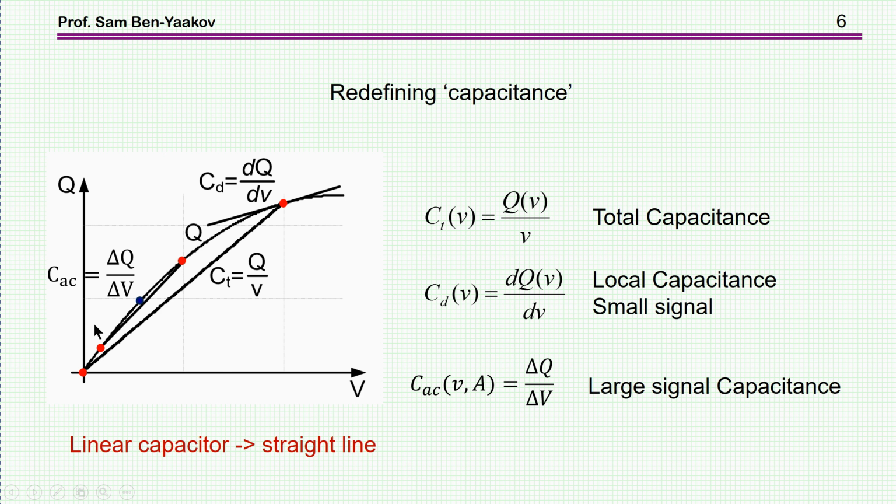This will be delta Q here, and then delta Q over delta V is a definition of capacitance, and obviously this is also voltage dependent and different from all the others. So we have quite a number of capacitances here, and the one that the vendors are giving is the local capacitance, the derivative here. Okay.